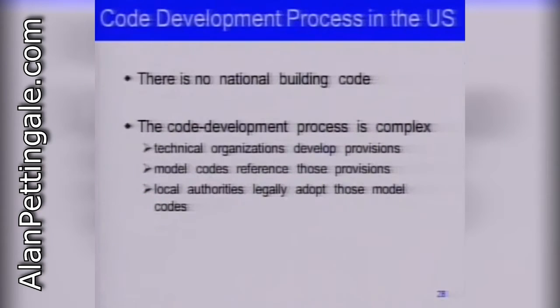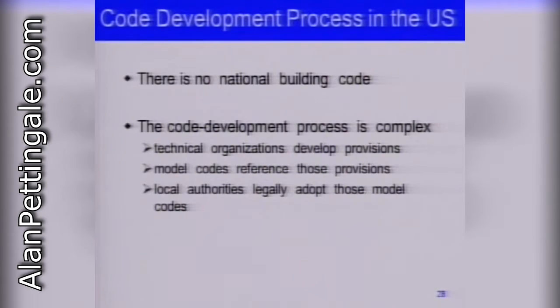So, of course, as time went by, we developed better codes, more reliable and more informative. However, in the US, it's interesting, especially for someone coming from abroad, that there's no national building code. And the code development in this country is actually quite perplexing for me.